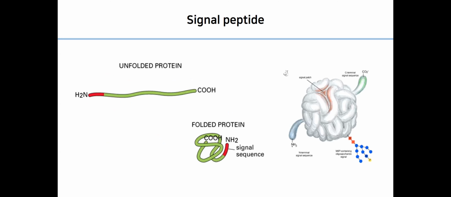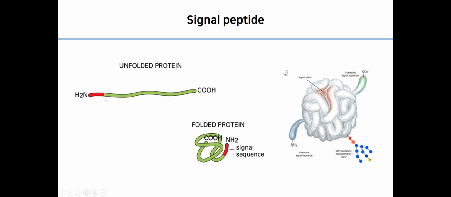To determine the destiny of a protein, the signal peptide controls its location. A signal peptide is the piece of information that enables the cellular transport machinery to correctly position a protein inside or outside the cell. This information is contained in the polypeptide chain itself or in the folded protein form.